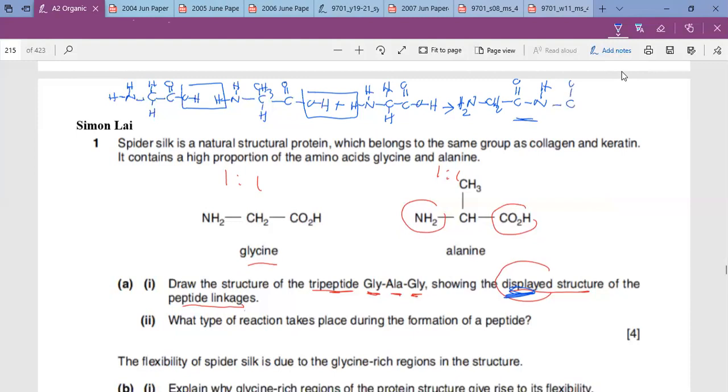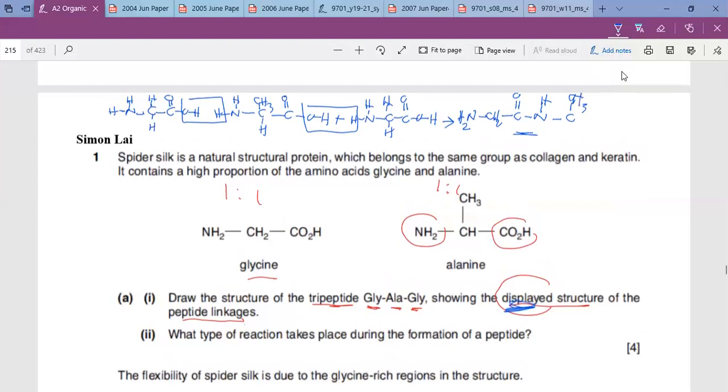Okay, CH3 here. And H here. And C double bond O. This must be drawn like that, because they want displayed. Okay, can put COOH here. Is it correct? Sorry.